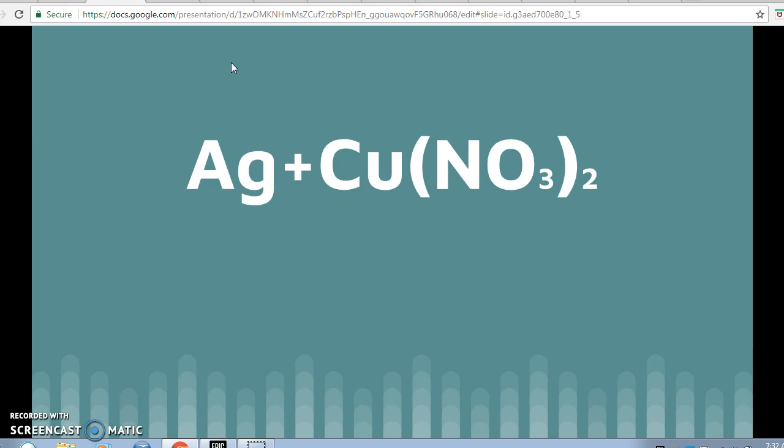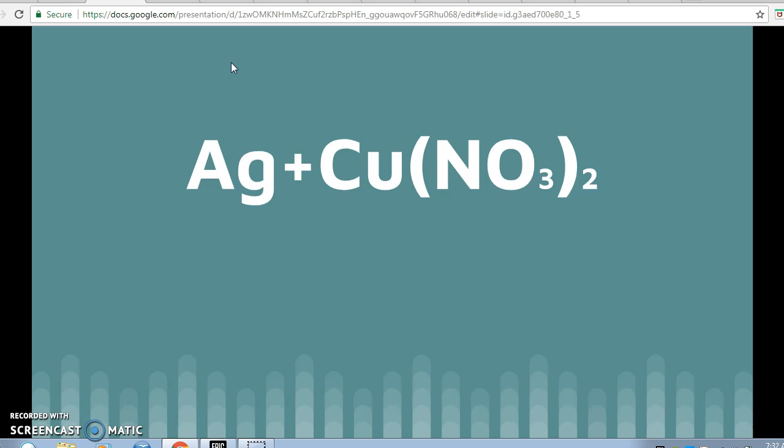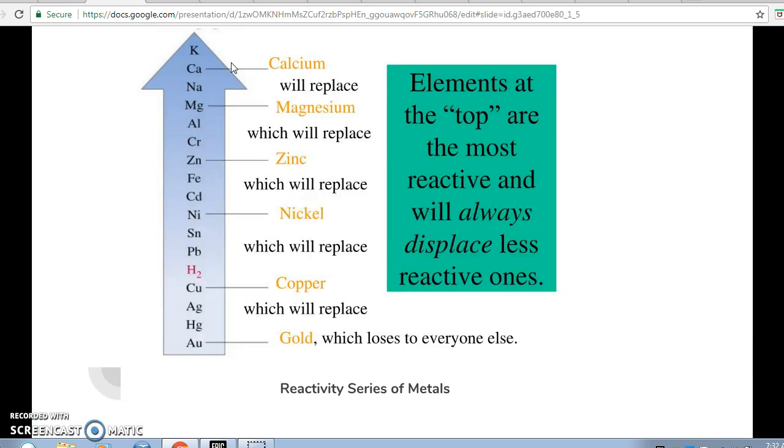So as an example, to make you guys understand better, we have the Avengers here, at most attractive to least attractive, just as the elements over here.